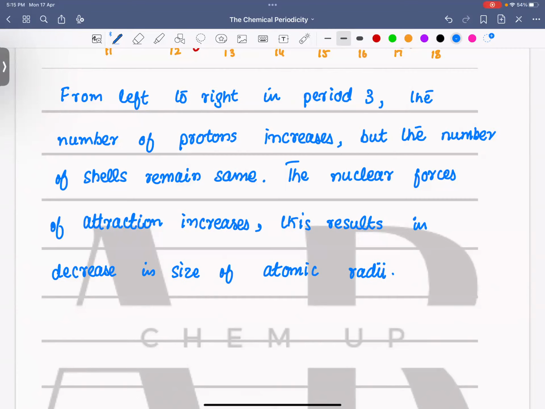Yes, sir. Okay. Sometimes the examiner asks you to draw the graph for 1 mark as well.